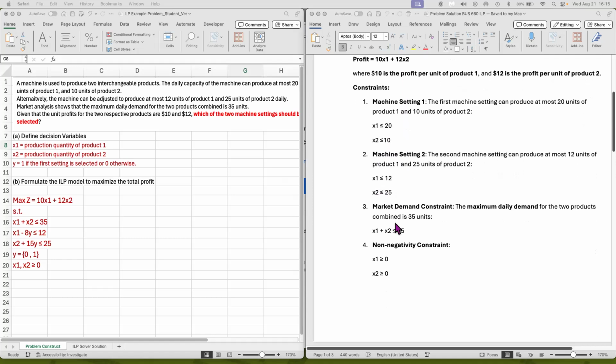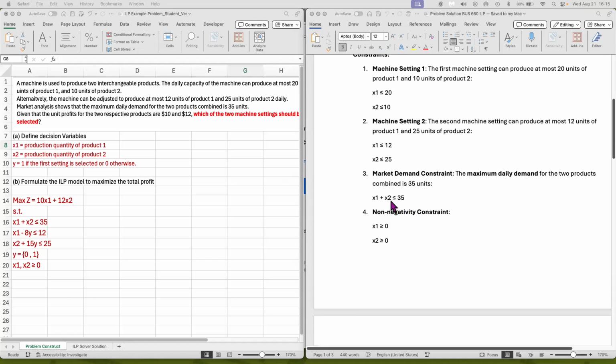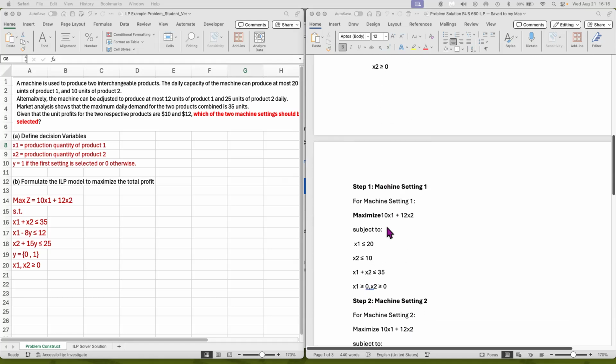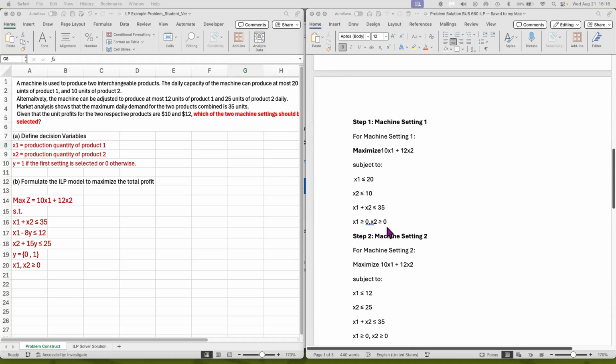Our market constraint for demand is 35 units. So x1 plus x2 is greater than or equal to 35. And of course, because we're producing something, we have a non-negativity constraint, x1 and x2 both have to be greater than or equal to 0. So to do our calculation, we start off, we want to maximize 10 times x1 and 12 times x2.